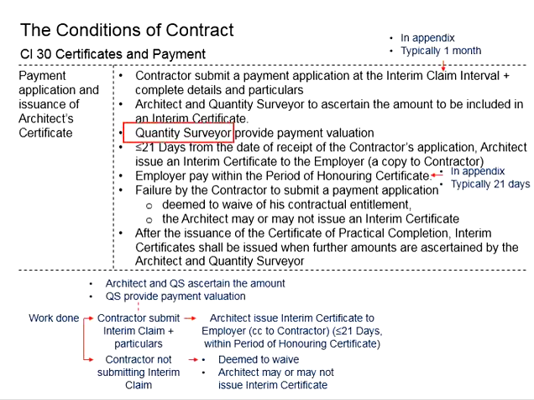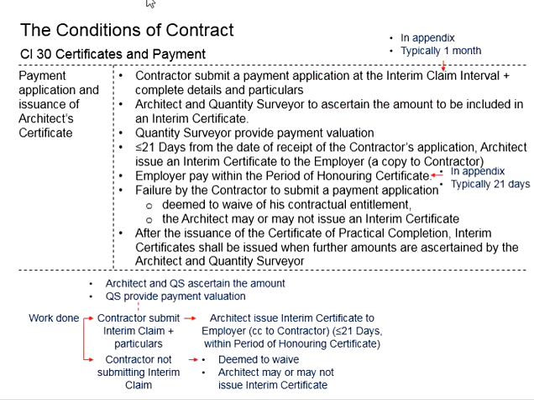The quantity surveyor will need to provide payment valuations in order to ascertain the amount to be paid to the contractor. Now, within 21 days from the date of receiving the contractor's application, the architect will need to issue an interim certificate to the employer, and send a copy to the contractor regarding the amount to be paid.